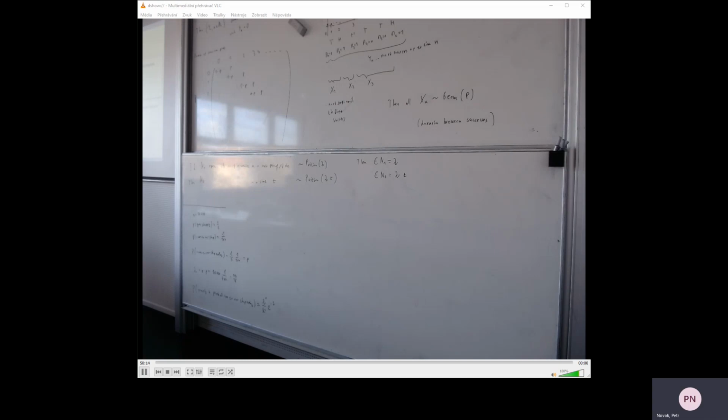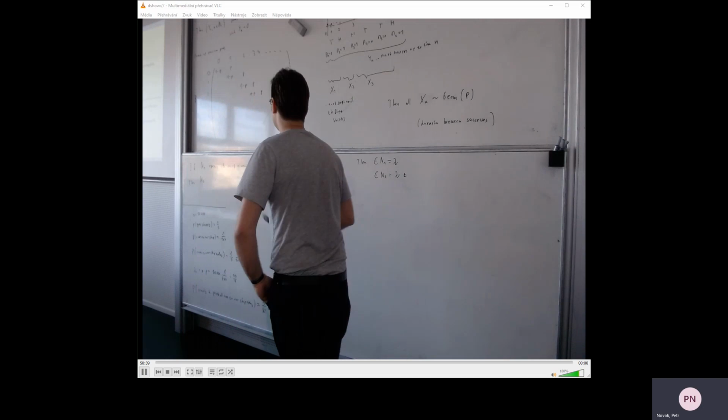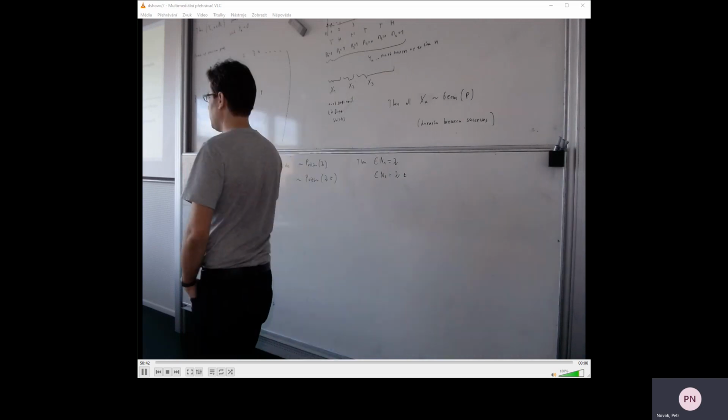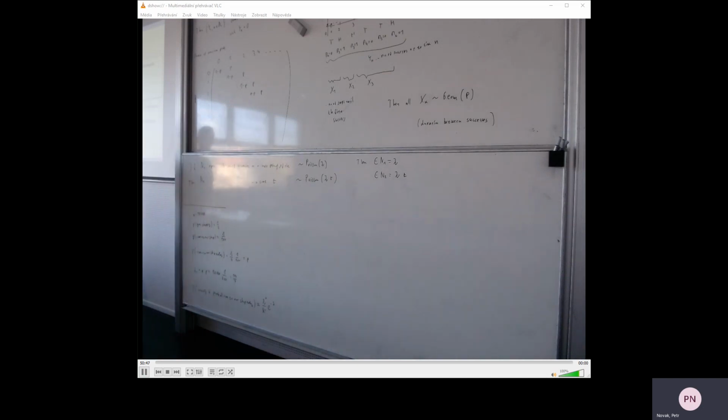We want the increments N_t minus N_s, so the number of events which happen in the interval from s to t, to be simply represented, and we want to generalize over the simple binomial process by having possibly continuous or different times between the individual events.